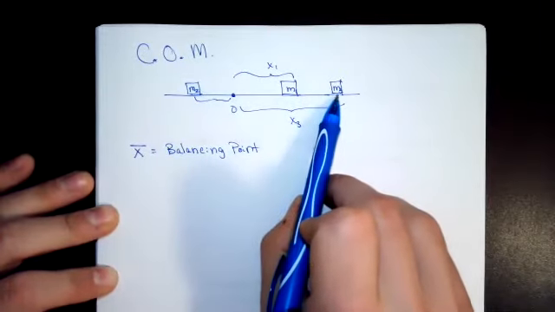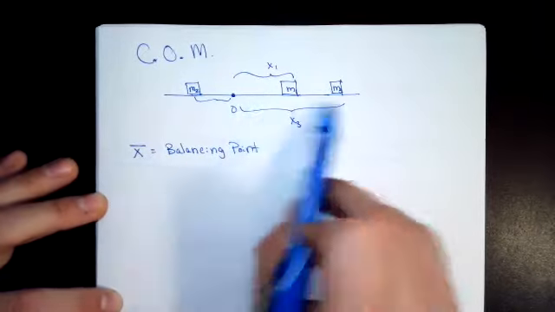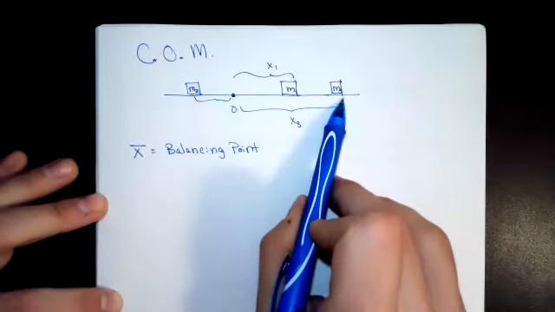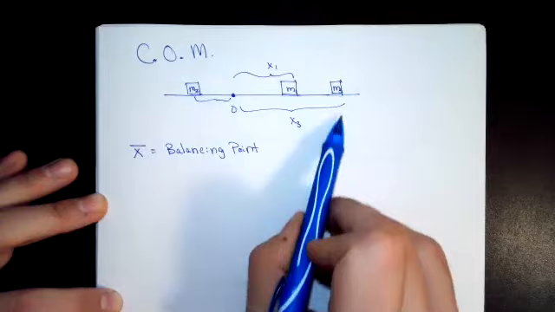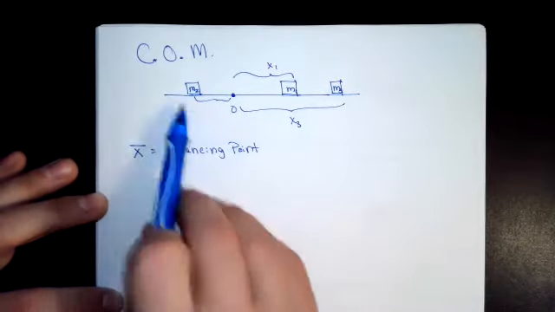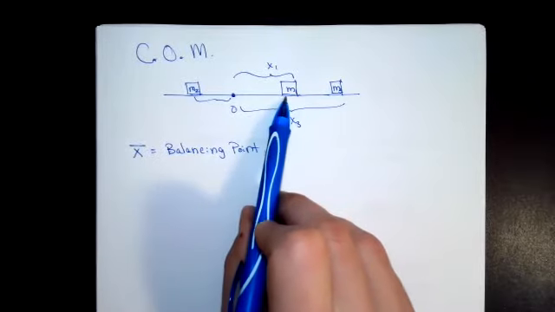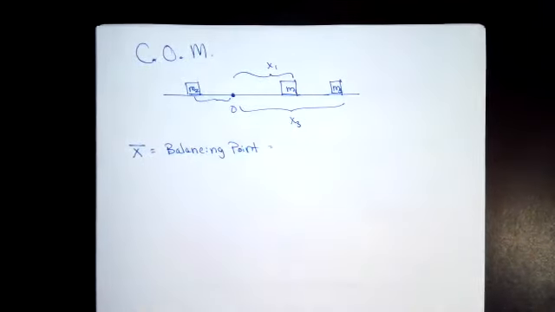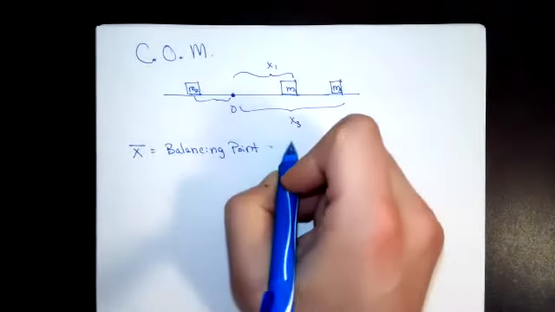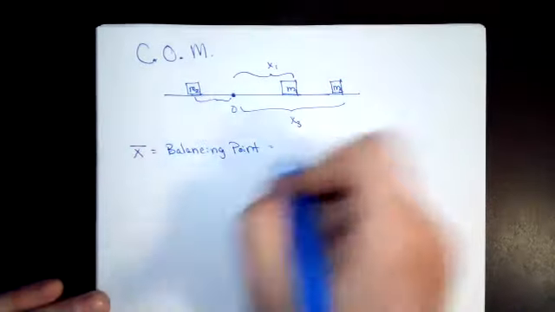If mass 3 is really light, well, it's still really far away, and you can imagine with a larger lever arm, it's still going to weigh that side of the teeter-totter down. And so the two things we need to keep count of are the distance and the weights. And so how do we figure all that out? Well, it's just sort of the sum product, so to speak, of all the weights.